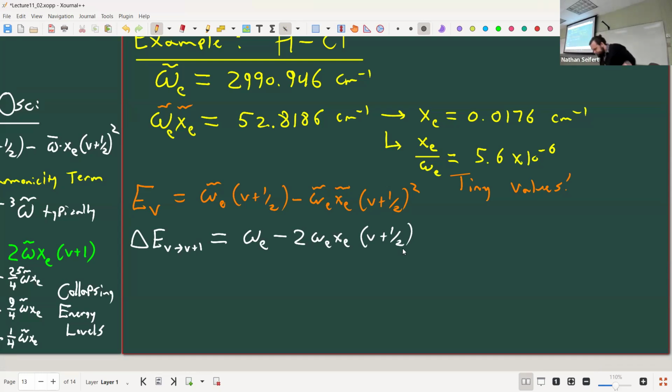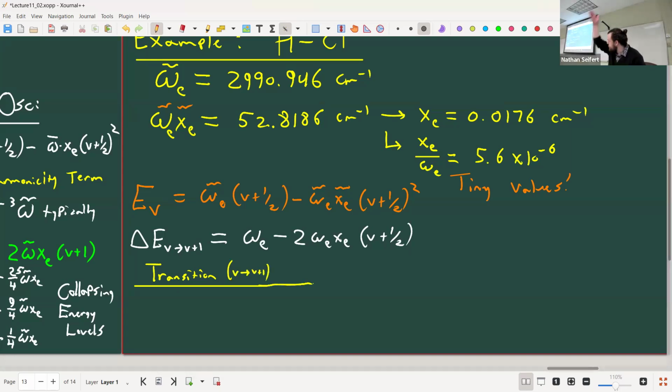And so if we start to look at some HCl data, this molecule has been studied to depth, excuse me. What we'll do is write down the transition that we observe. So this is the v to v plus 1, the label for this thing that we observe in our spectrum.